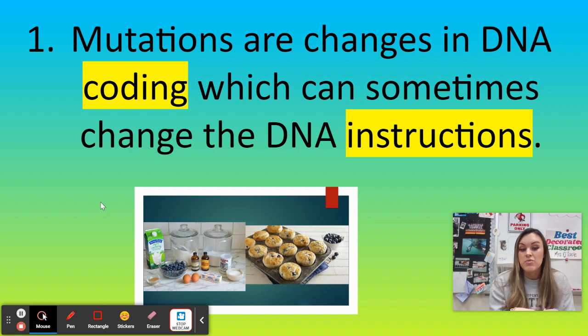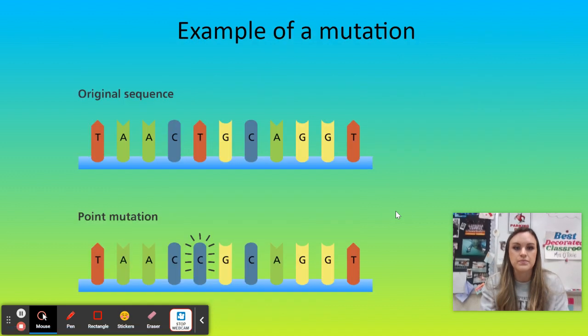Maybe we switch our milk from 2% to whole milk. Maybe that doesn't make a huge change, but it's still a mutation. Or if we completely eliminate the blueberries, now they're no longer a blueberry muffin. They are completely different. So mutations are changes in DNA coding, which sometimes lead to a change in DNA instructions.